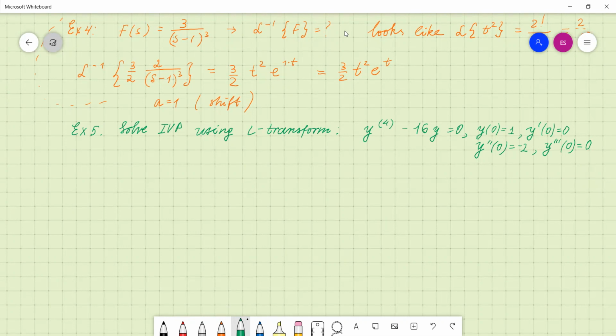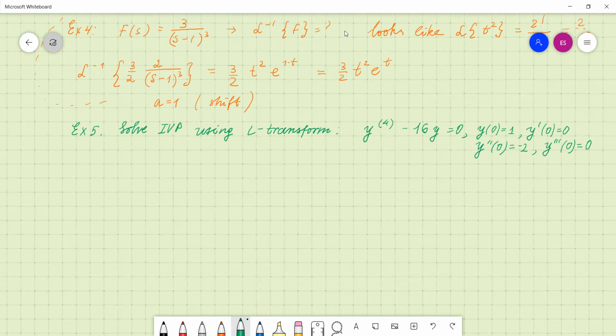So we have some kind of random coefficients here. Also, you probably wonder why the equation looks so weird, like a fourth derivative minus 16y. Well, it looks so weird because generally speaking, it's not going to be very easy to find inverses of Laplace transforms. It's not going to be a very short problem. So I'm trying to pick a problem where you can find it a little bit easier, right?